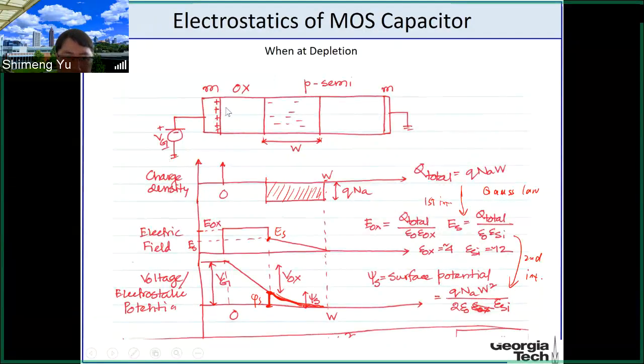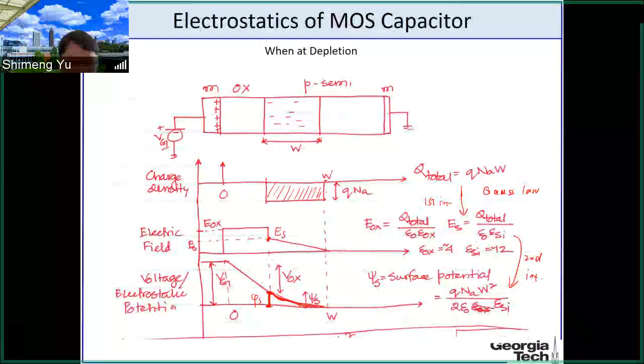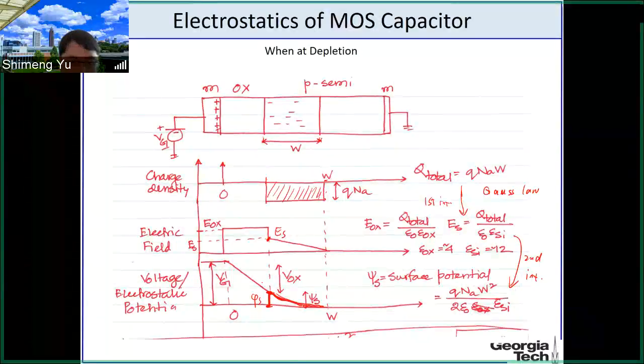The first one is the voltage across the oxide, and we call it Vox. And then the second is the phi s. That is the voltage across this depletion region. So that's why you see we have this Vg you apply to the metal gate, and it will first drop across the oxide as a Vox, and then the phi s.